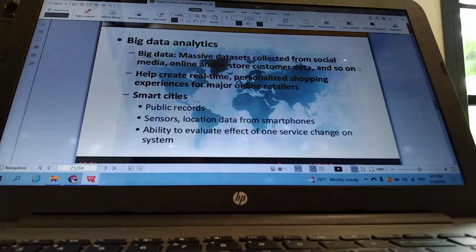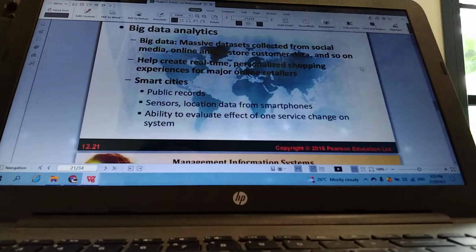Continuing on the data analytic, specifically big data analytic, where massive data sets collected from social media, online and in-store customer data and so on can be used to help create real-time personalized shopping experiences for major online retailers.